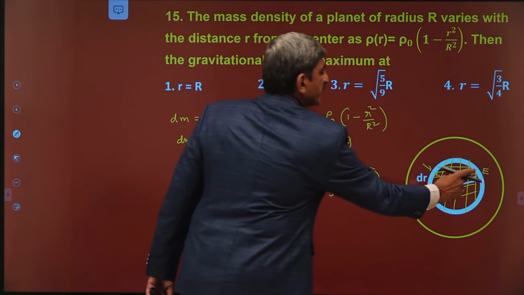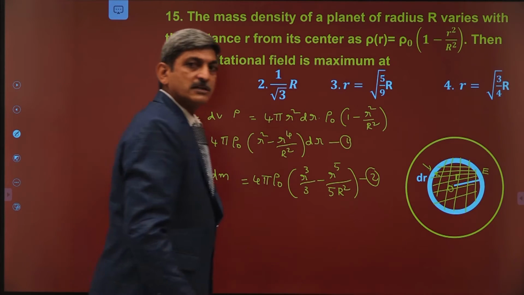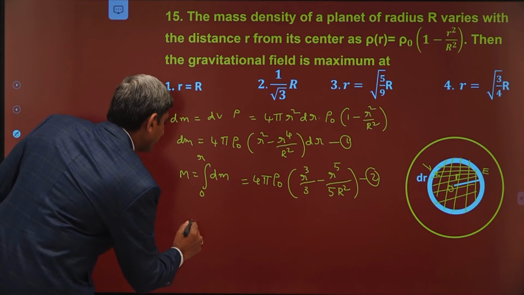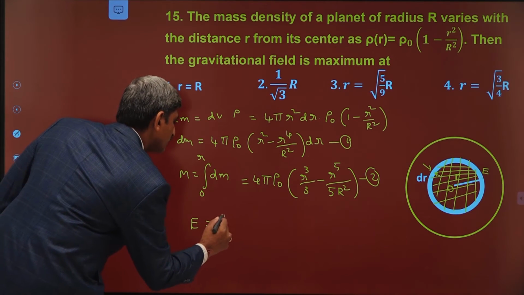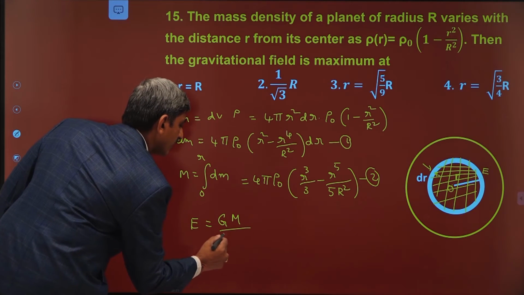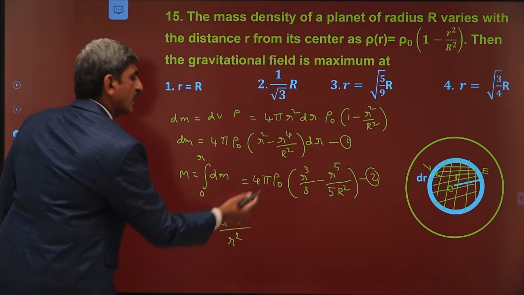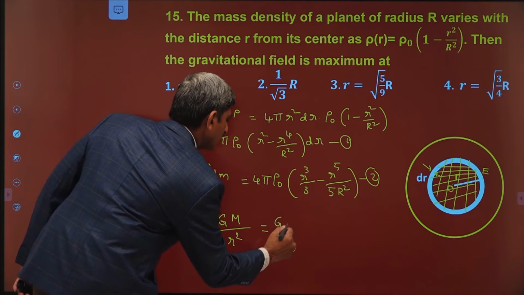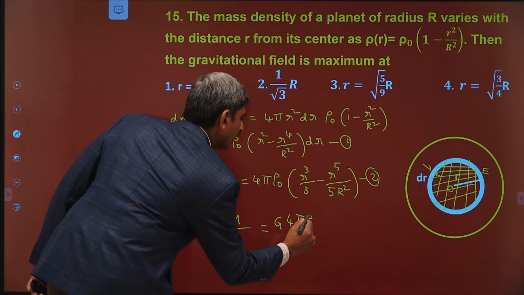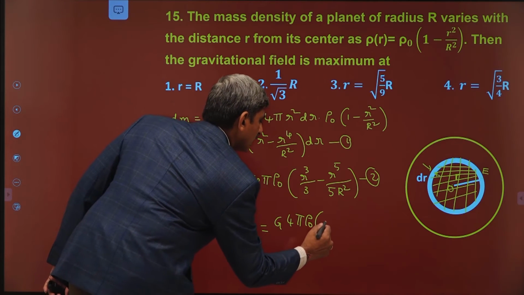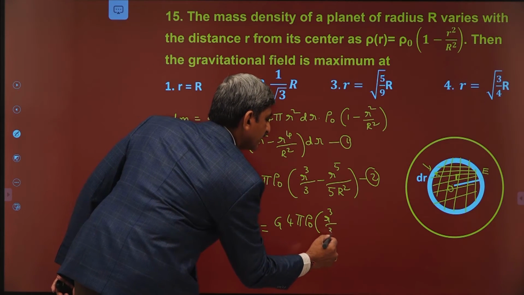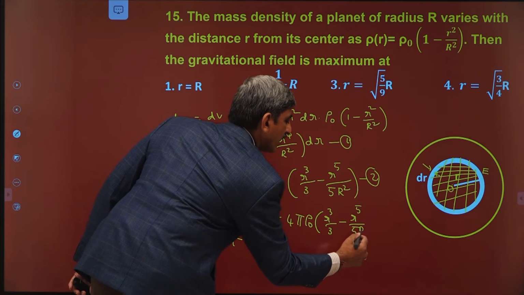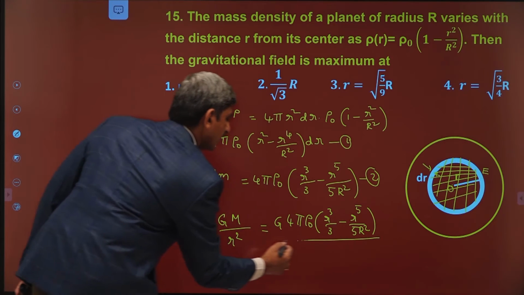By knowing the mass of the spherical region, we can determine the gravitational field at that point using the formula E equal to GM by r square. We already know the mass, so E is equal to G times 4 pi rho naught times r cube by 3 minus r to the power of 5 by 5R square, divided by r square.